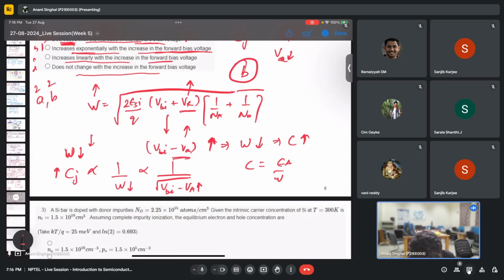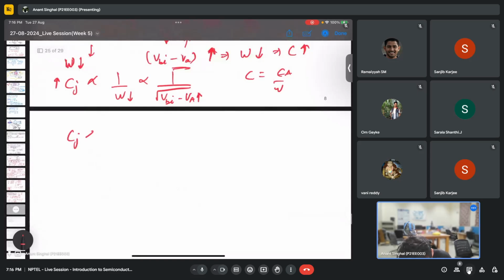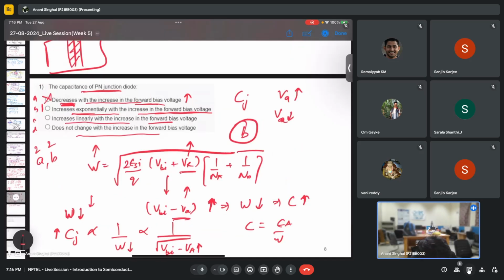First of all, it is increasing at some power. So maybe I can write something like VBI minus VA raised to the power minus 1 by 2. This is what I can write basically. So on increasing VA, there is an increase in CJ, and it is not quite linear, this is some power dependence. For power dependence we can say that it is exponential only. So option B can be correct, but let's see what the other options are.